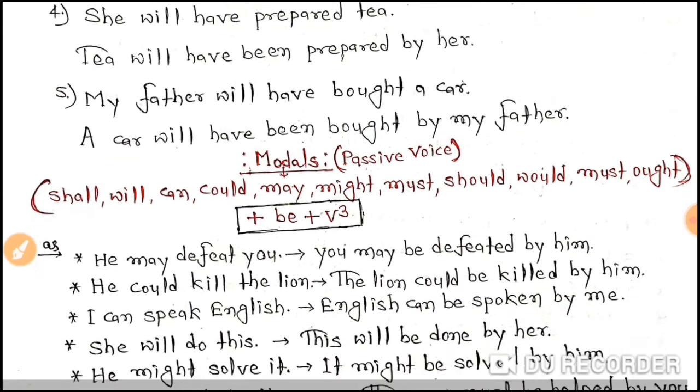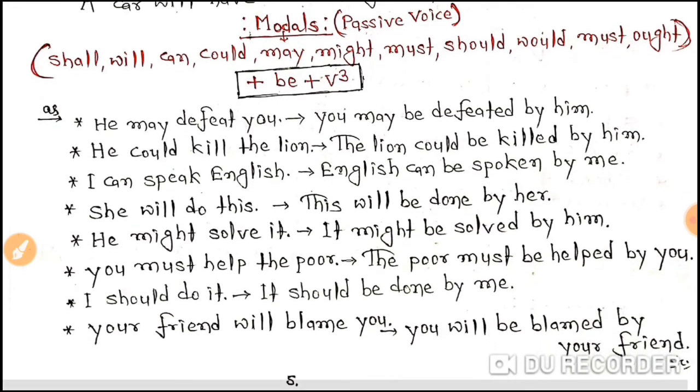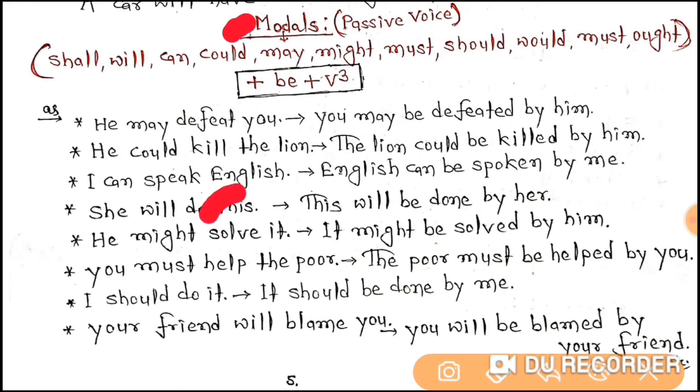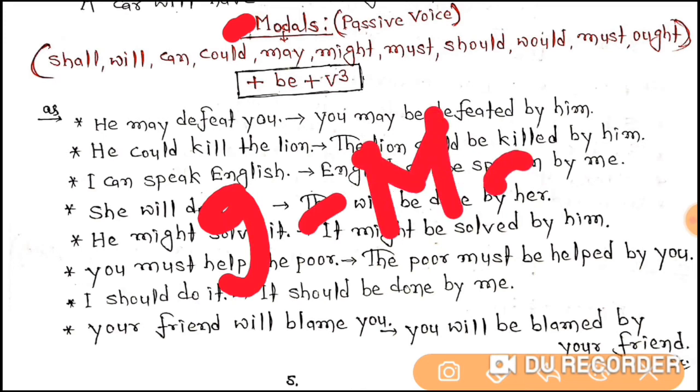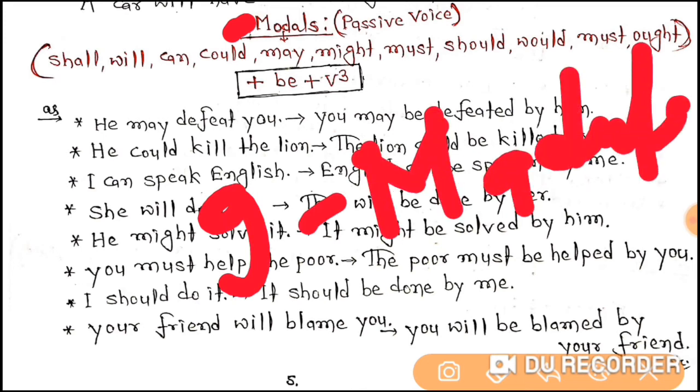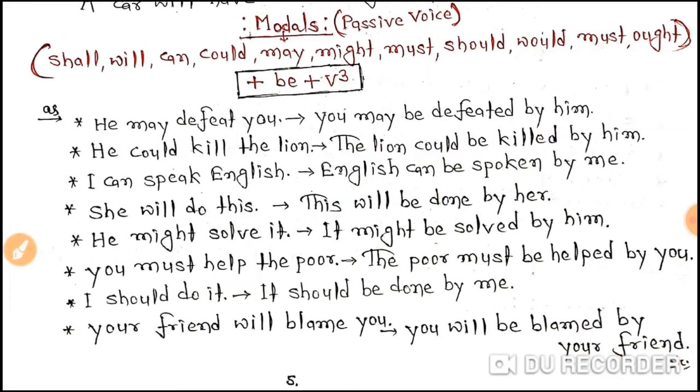Now students, let's understand the passive voice of modals. Students, as we are having 13 modals, but in modern English grammar we are having only 9 modals, you can say. Clear, students? So we are having 9 modals here, and I have just written it here. With these modals, how do we have to change them into passive voice?